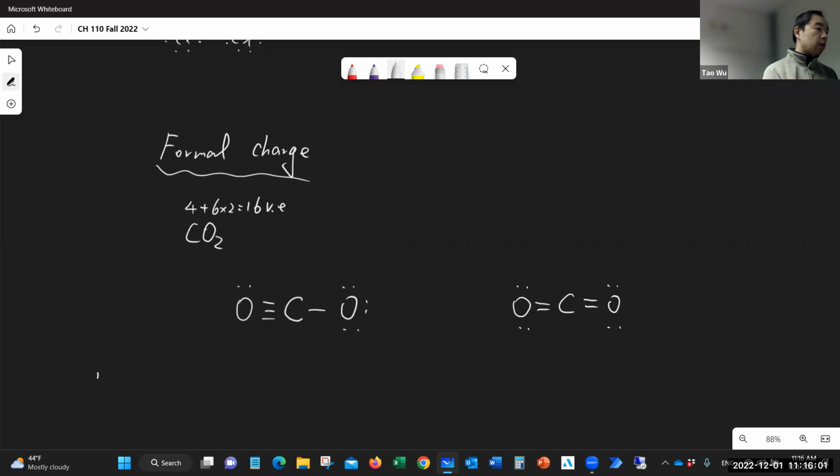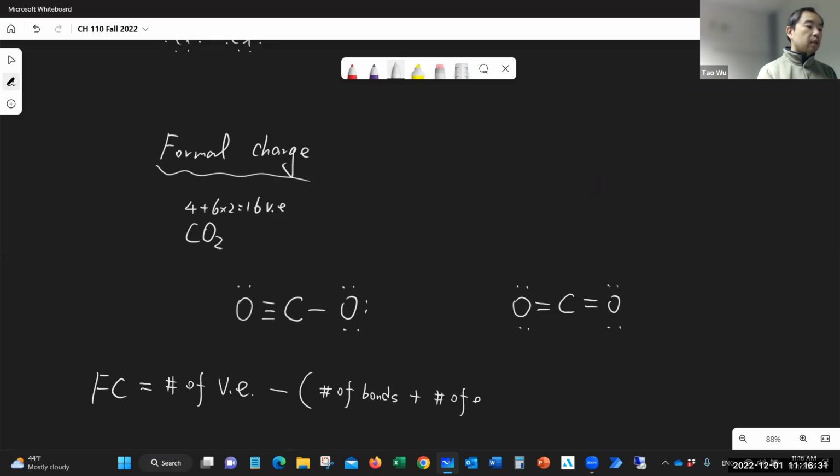The formal charge equation is equal to the number of valence electrons for the element, minus the number of bonds, minus the number of electrons not in bonds.